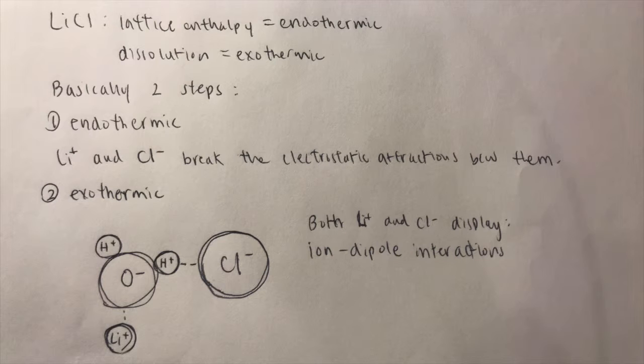And so this ion-dipole interaction is highly exothermic. So this releases more energy than what was absorbed in the first endothermic step. So this is why it makes the whole dissolution process exothermic.